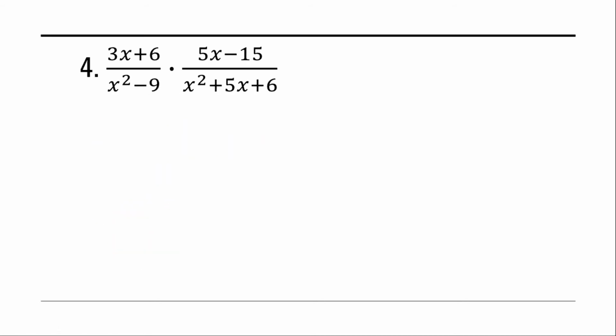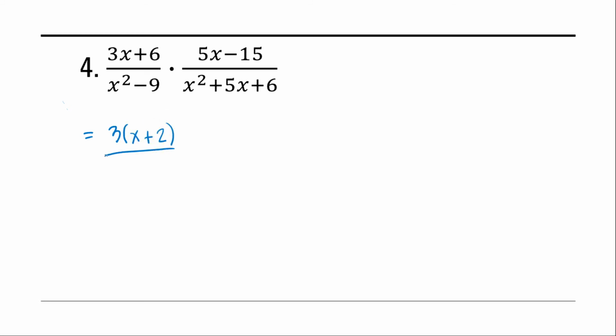Next, let's try 3x plus 6 over x squared minus 9 times 5x minus 15 over x squared plus 5x plus 6. 3x plus 6 is 3 times x plus 2.